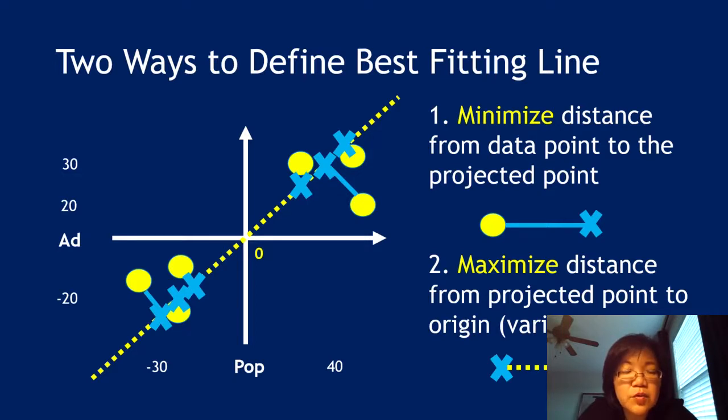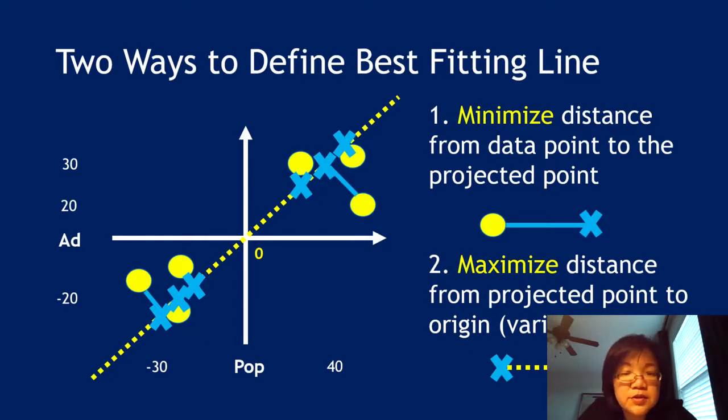Or we can look at it as a way to maximize the distance from the projected point to the origin. So the dotted yellow lines can also be measured as a distance, and instead of trying to minimize the blue lines, we can try to maximize the yellow dotted lines.